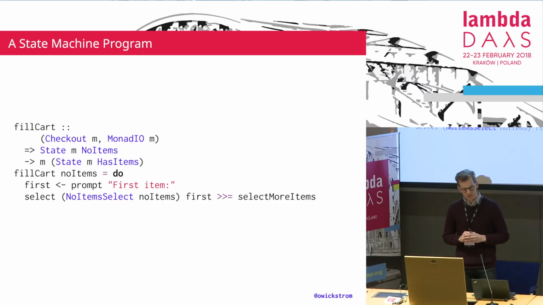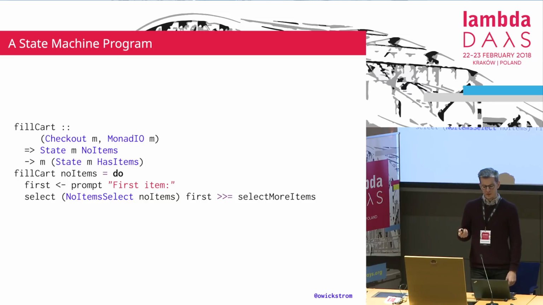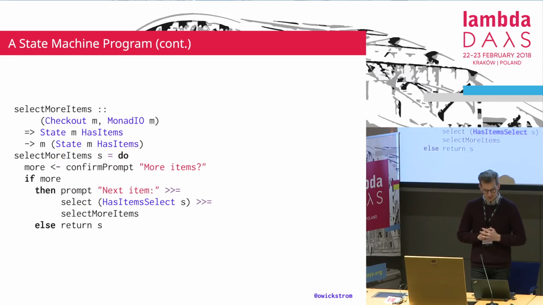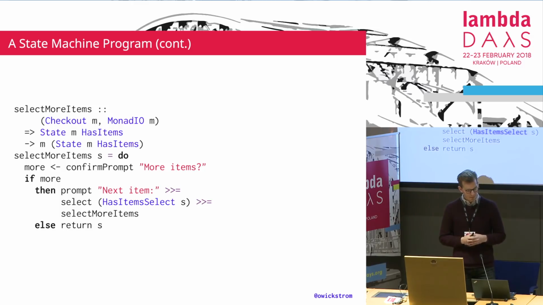Anyway, this type says that it transitions from no items to has items. It asks for an item and selects that. And then we have to wrap it in this SelectState constructor. Finally, fillCart hands over to selectMoreItems, which we'll see now. This type says that it remains in the has item state, so it loops there. If the user wants one more item, it selects that and recurses. Otherwise, it just returns the state it had.